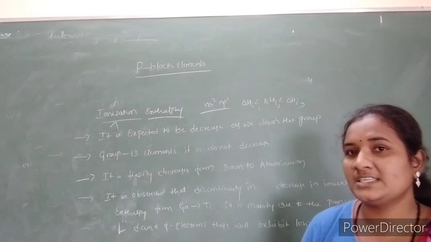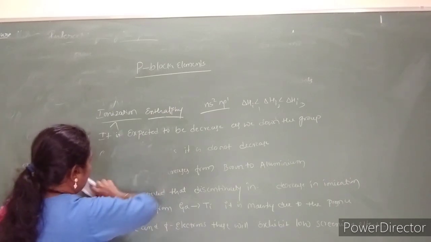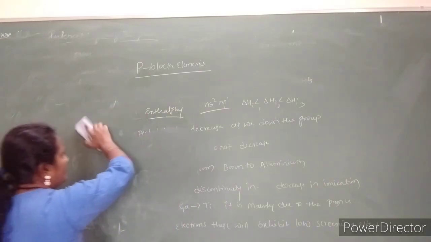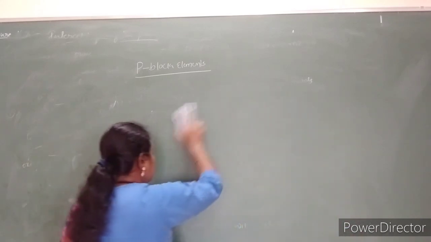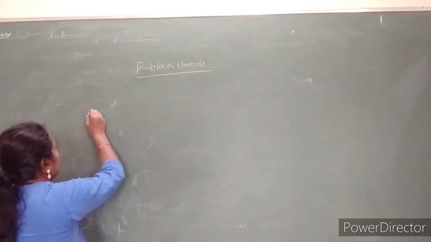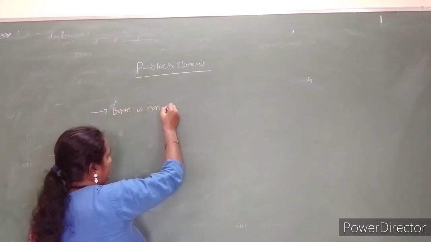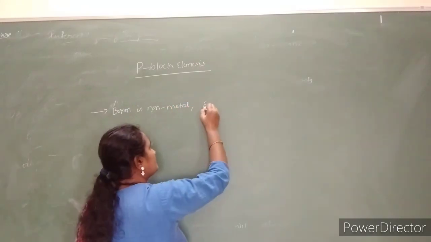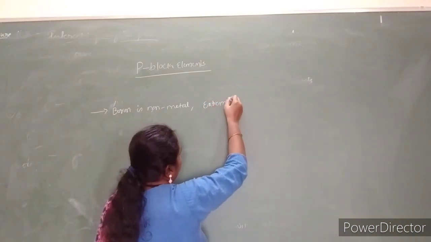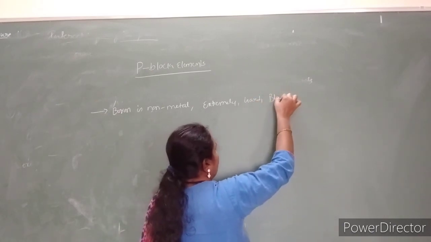Okay, if we see the physical properties of these group 13 elements, boron is the harder one. Compared to other elements, boron is a hard non-metal, extremely hard, and black in color.